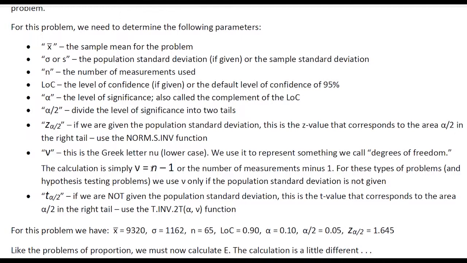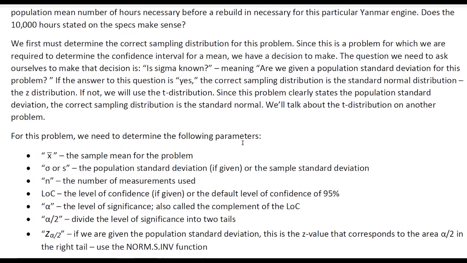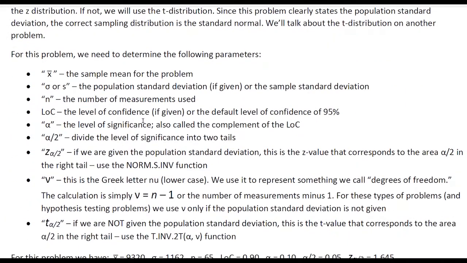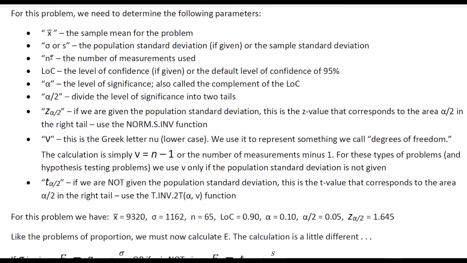Nu is simply the number of measurements we have minus 1. In other words, for this problem, it says 65 randomly selected, well-maintained sailboats. So that means that N is 65, but nu, or my degrees of freedom, is 64.